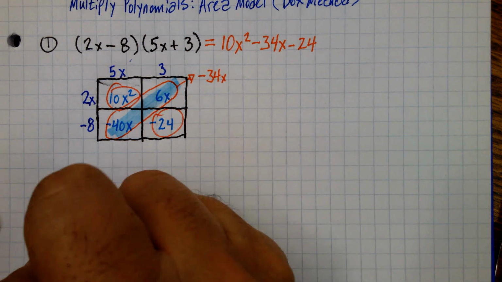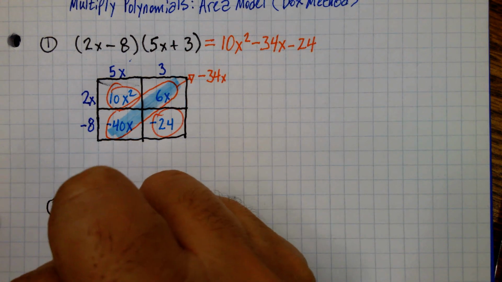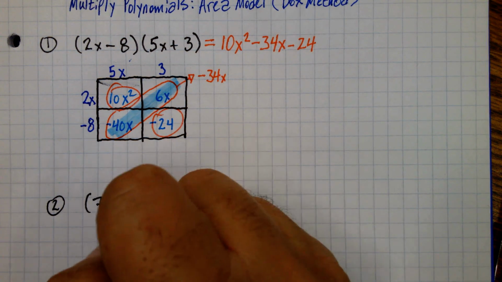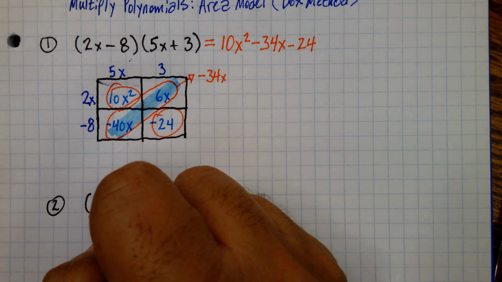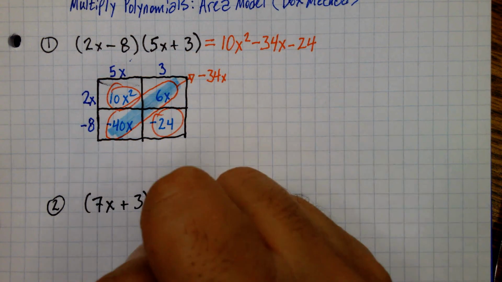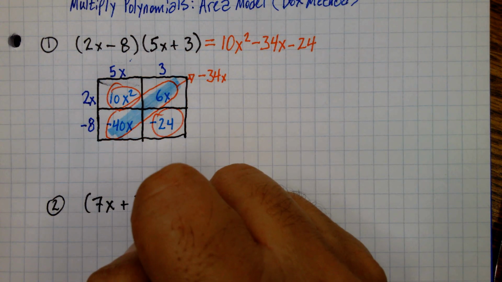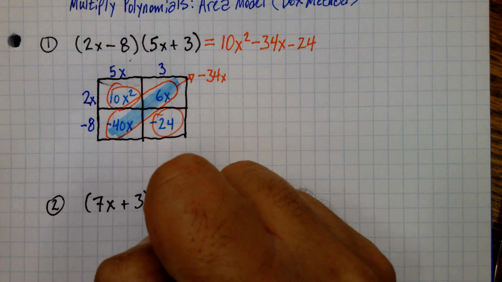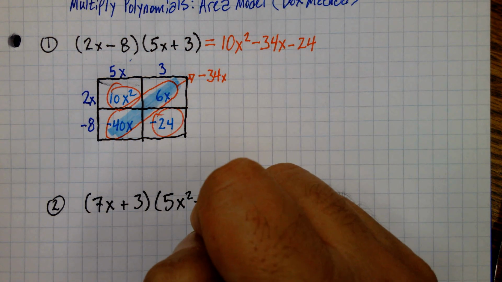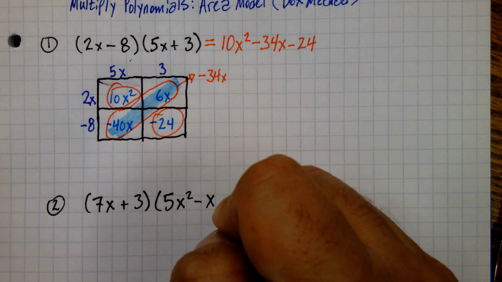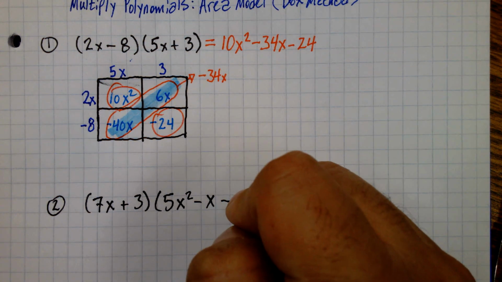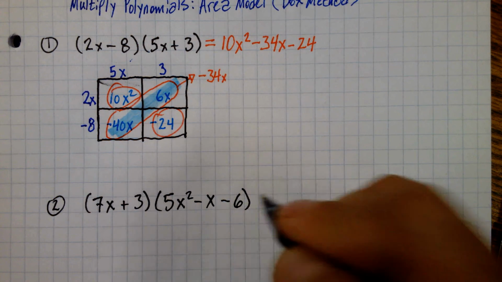Let's multiply 7x plus 3, and then let's do 5x squared minus x minus 6.